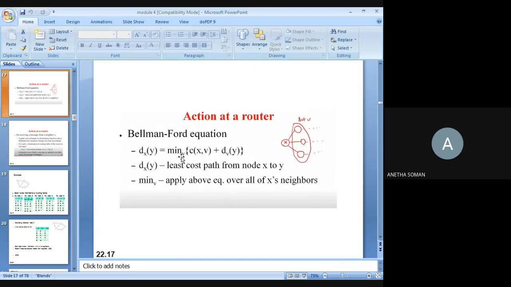Then you take the minimum of that, and you get the least cost path from node x to y. You will understand better when we do a problem. So understand that once a router receives the message, it has to perform some action, and that action is based on the Bellman-Ford equation.